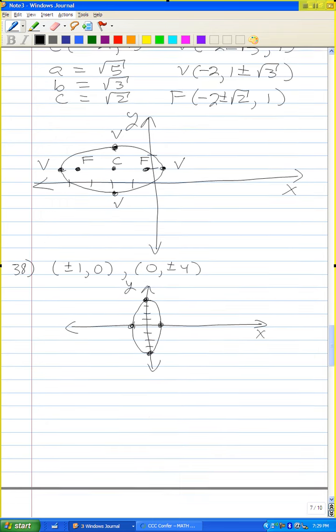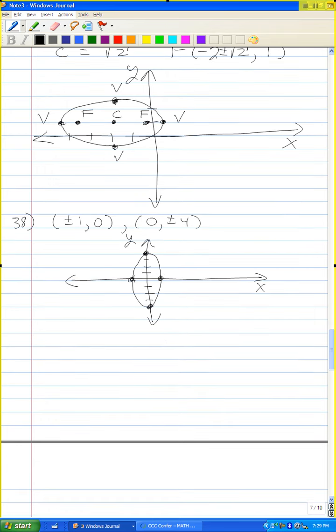And so the ellipse will have the form x squared over a squared plus y squared over b squared is 1, because the center is at the origin.